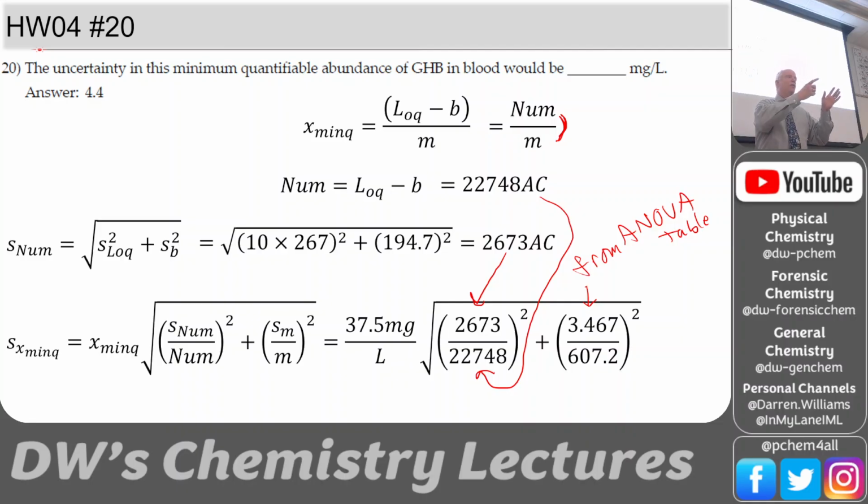So I move b over, subtract it from y, and divide by m. That's this equation, and you have the reverse of those. You've got to do the multiplication and the subtraction first in the numerator, calculate the uncertainty there, and then do the division piece and calculate the uncertainty. So based on the order of operations you do in calculating the problem, that's the order you do in the uncertainty analysis.